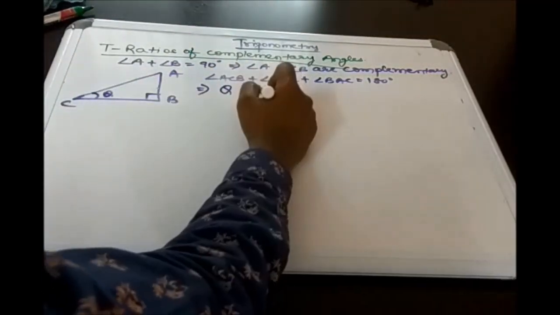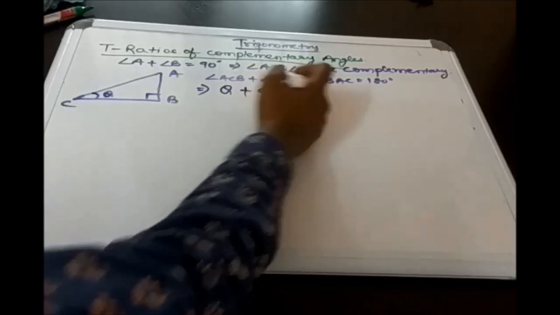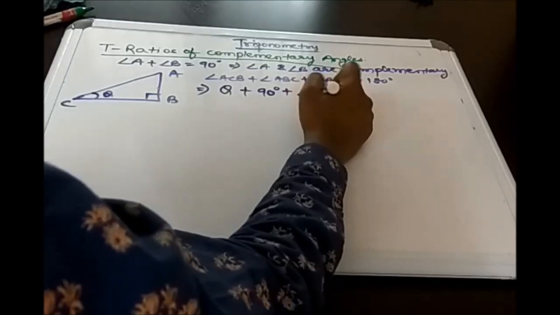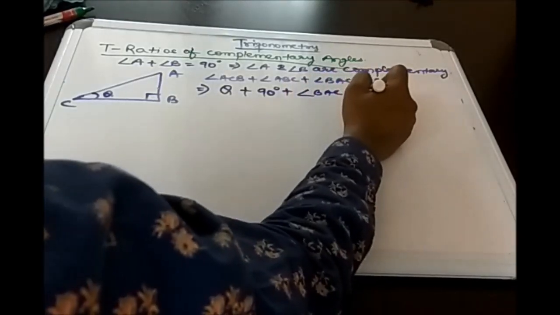Angle ABC will be 90 degree because it is a right angle at B, plus angle BAC equals 180 degree.